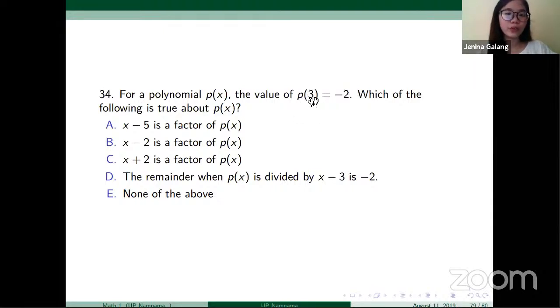So by remainder theorem, kapag dinivide natin yung p of x sa x minus 3, makakuha tayo ng negative 2 as the remainder. So yung sagot dito is letter D. So 34 is letter D.